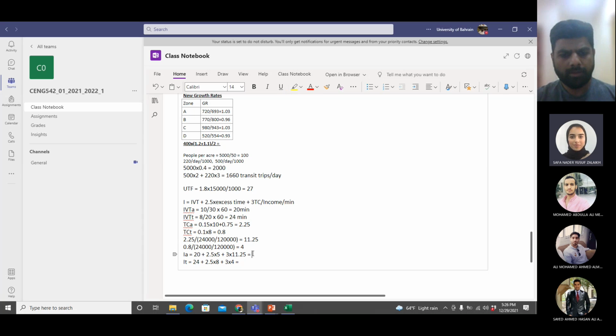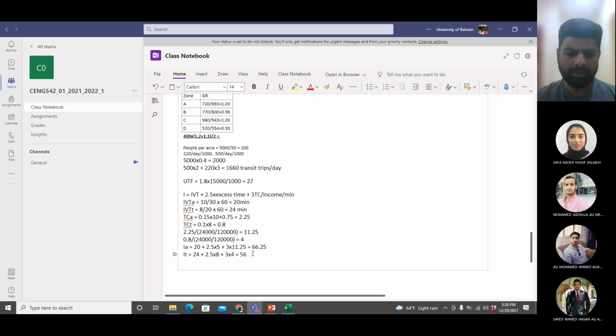So that is 66.25 for auto. And this one is 56. Now the only thing remaining is to calculate the proportion of trips by each mode.